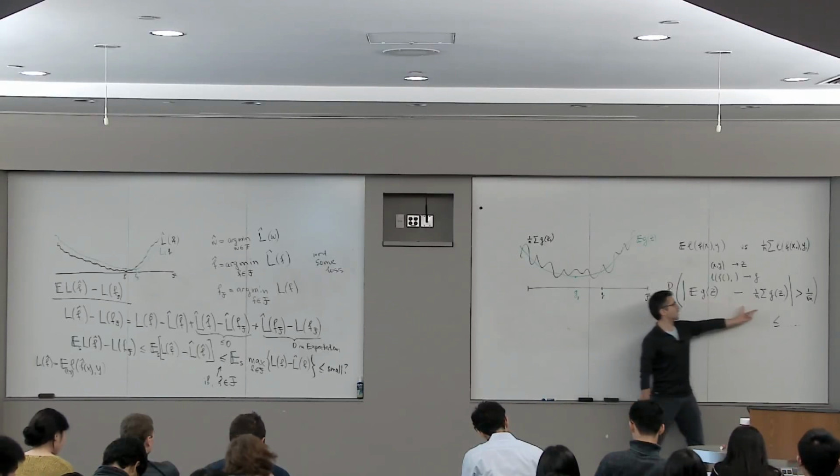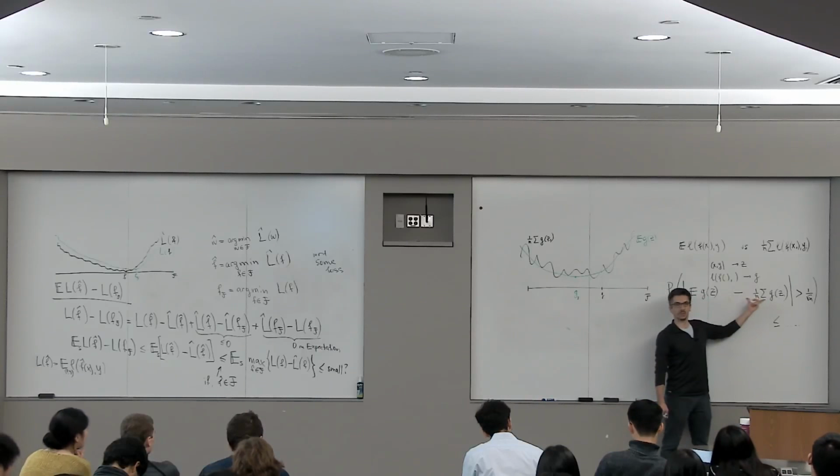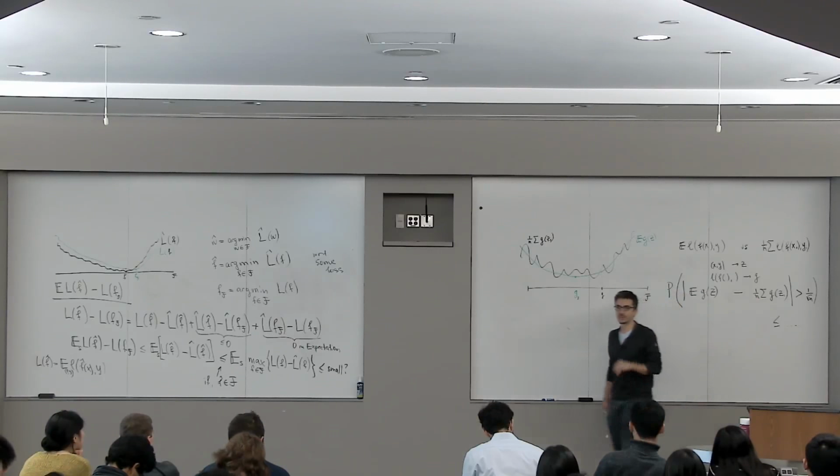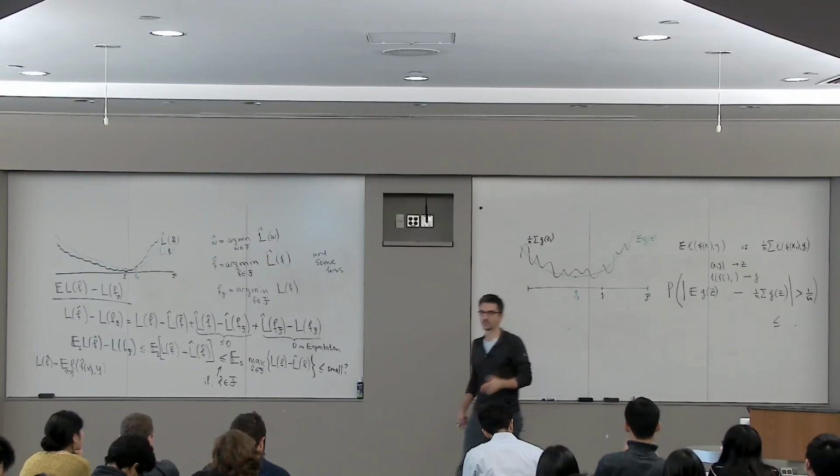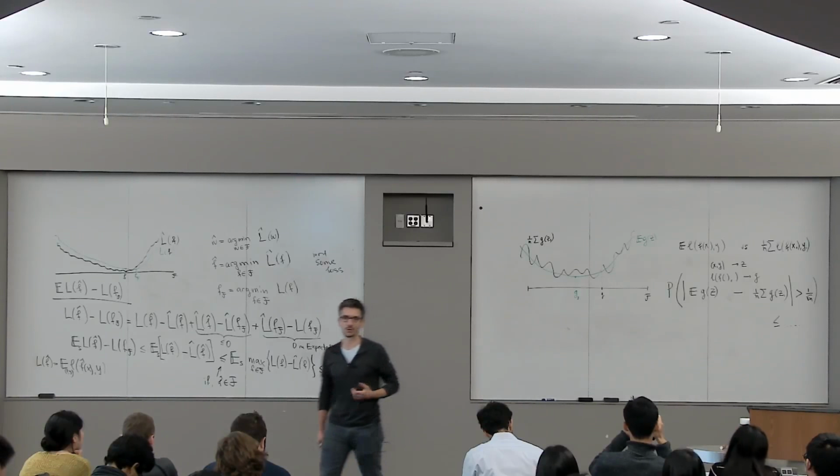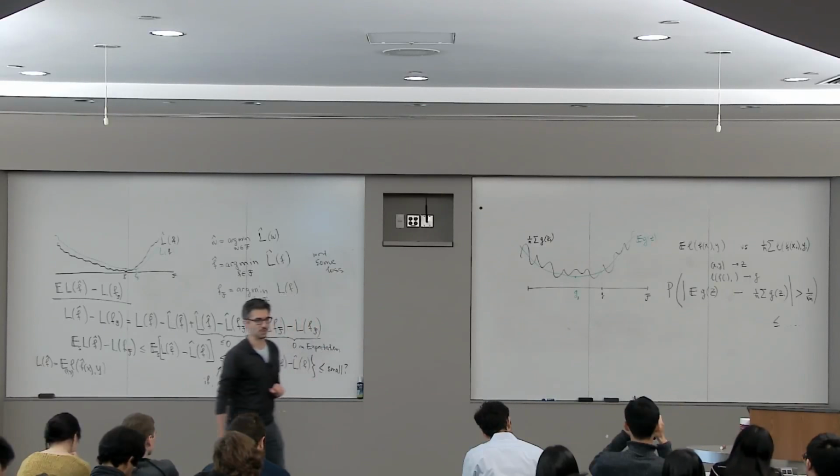We would expect that the average of random variables doesn't deviate from its expectation by more than something like 1 over square root of n, or some constant over square root of n. And we'll make this precise.